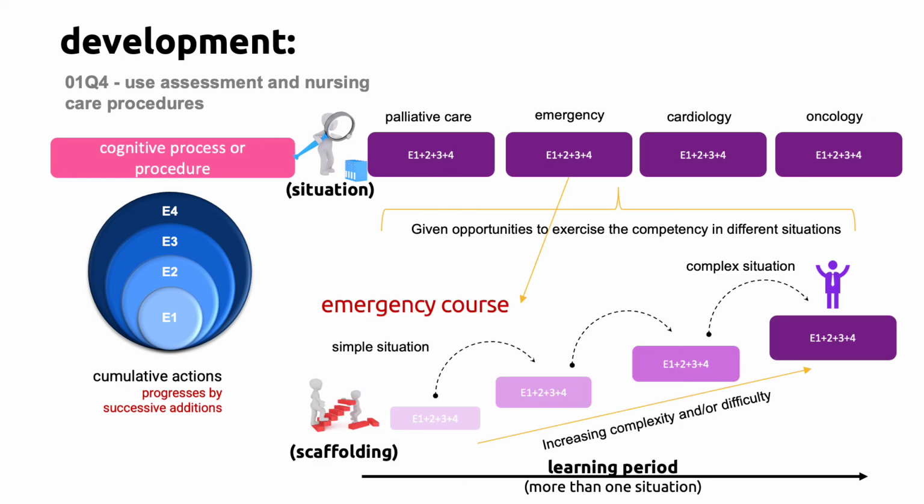But within each of the courses, we can also put students in simple to more complex situations where the competency is exercised at different levels throughout the course and at the mastery level by the end of the course. Once again, the program must make clear that students are expected to exercise the competency integrally in all situations, but that it takes 4 courses to truly achieve the competency.